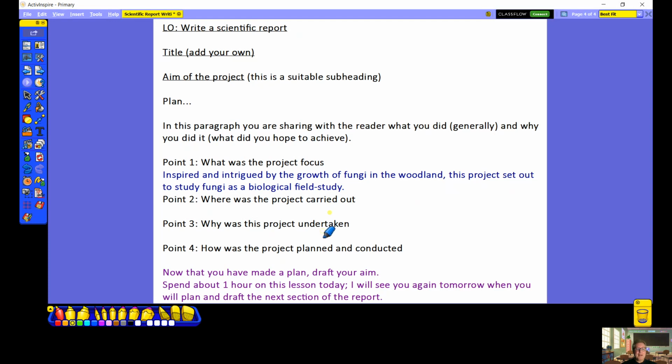And you can do the where and the why and the how. What you'll have then is a plan in which you can take all of those 4 ideas and put them together in one paragraph. And therefore, by the end of the session, you will have drafted your aim of the project.